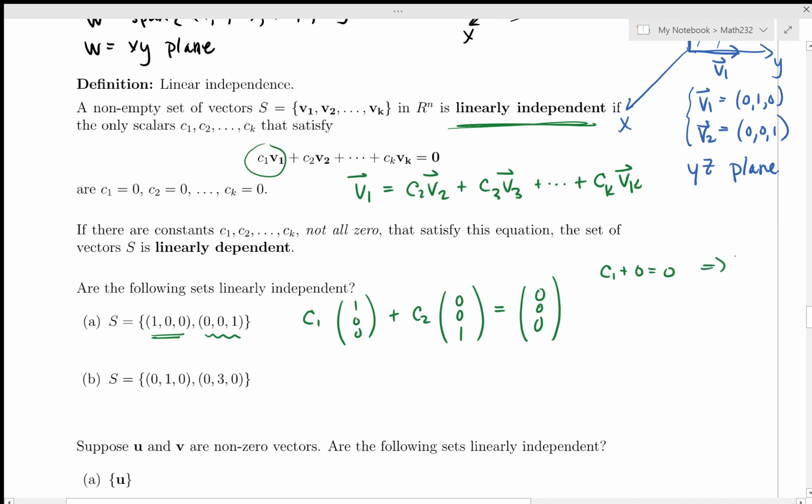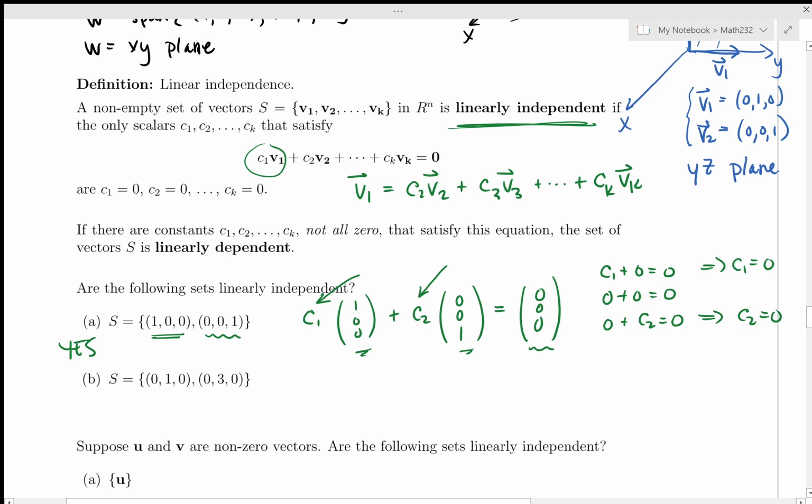That means that C1 will have to be 0. And the second equation is telling me that 0 plus 0 is 0. That's fine. The third equation is telling me 0 plus C2 will have to be 0. That tells me that C2 is equal to 0. So there's no possibility that I can add up combinations of this one and get this, unless this is 0 and this is 0. So the answer here is yes, S is linearly independent.